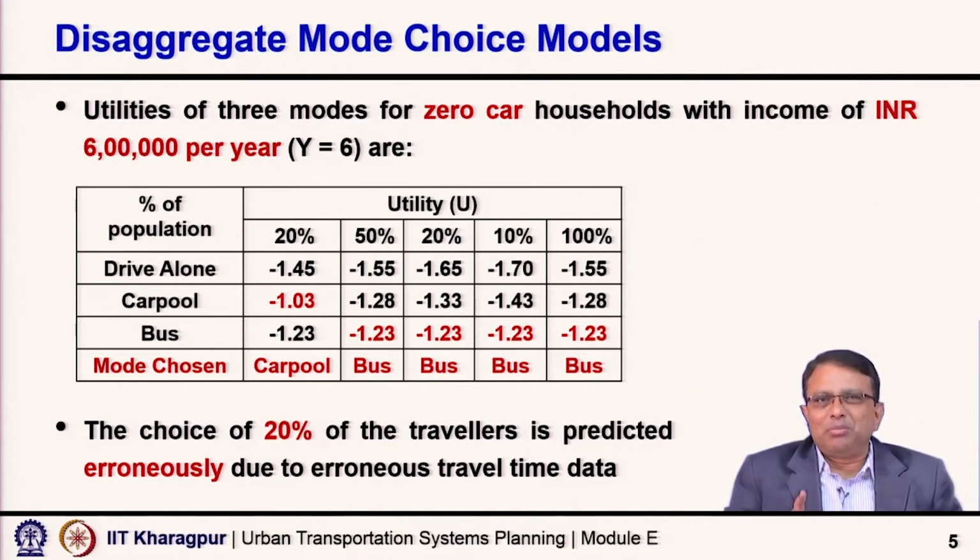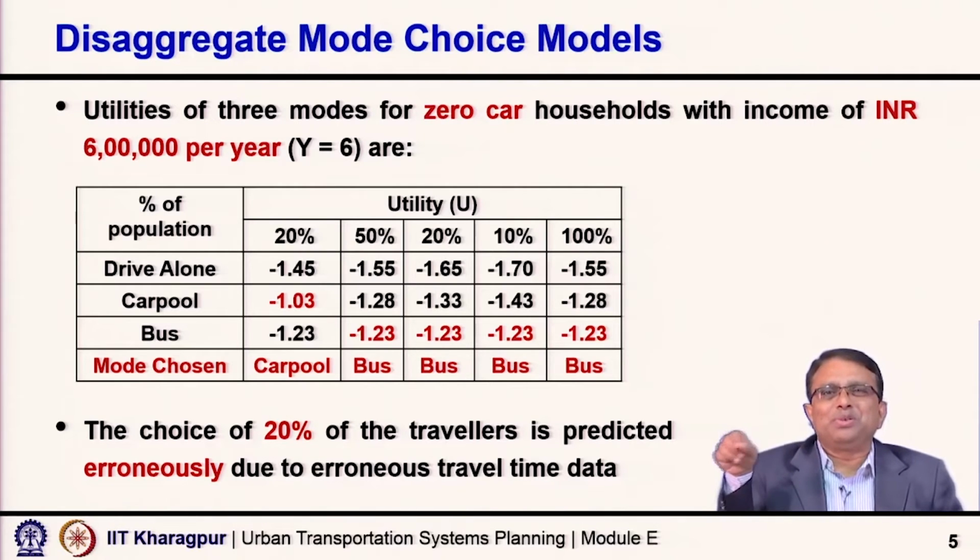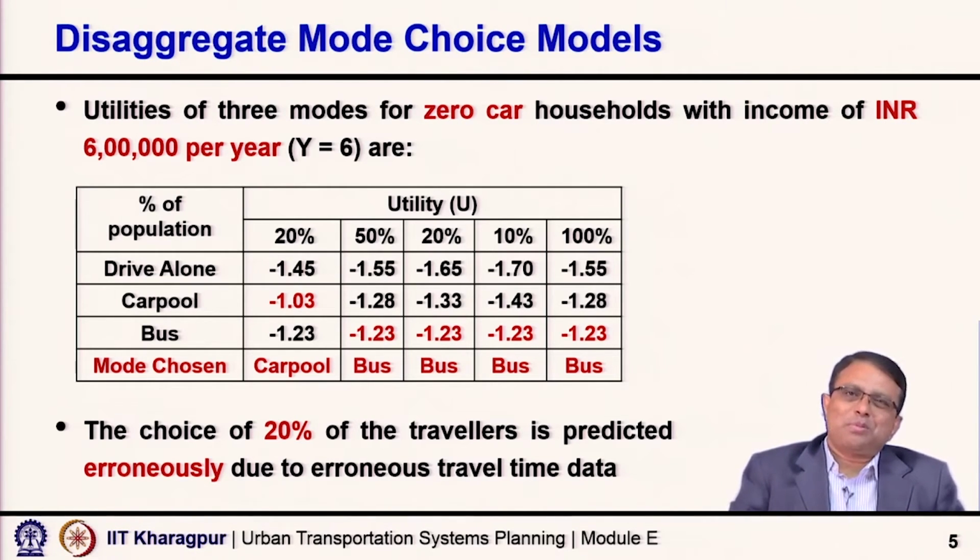Now, interestingly, the fifth column, the last one with 100%: if we use that, everybody would have this travel time from the zone centroid to zone centroid, what was considered in the earlier example. Then what would we predict? We would predict 100% people will use bus.